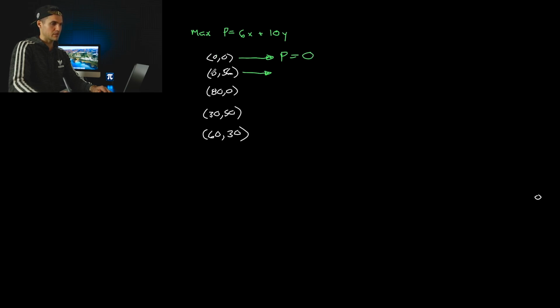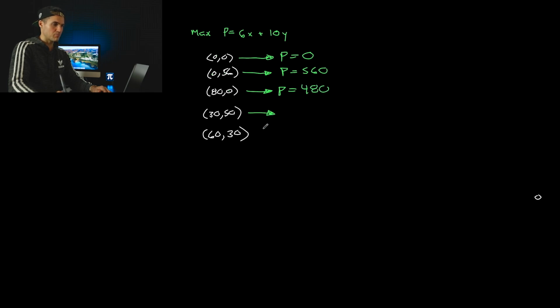Okay, for this one, plugging in 0 for x, 56 for y, that profit would be 560. So if we produce no units of product A and 56 units of product B, that's going to be our profit. And then over here, the other intercept, if we produce 0 units of product B, plugging in 0 for y, plug in 80 for x, our profit there would be 6 times 80, which is 480, like that.